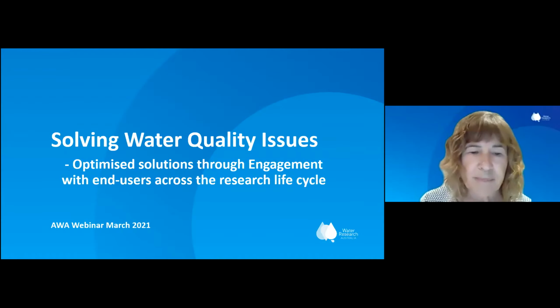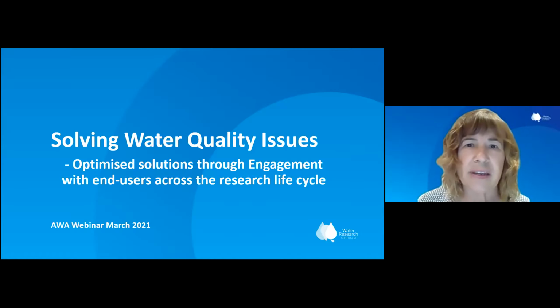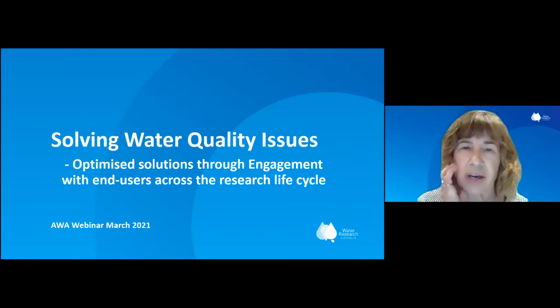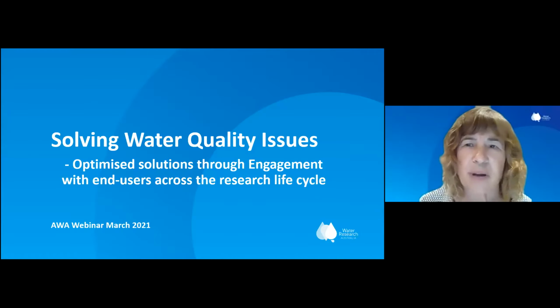So part of the importance of achieving this relates to who's involved in the process. And here at Water RA, what gives us the ability to talk on this topic is the profile of our membership. We have members from water utilities, from government departments, including health regulators all around the country, as well as EPAs, research providers, laboratories, and consultants.